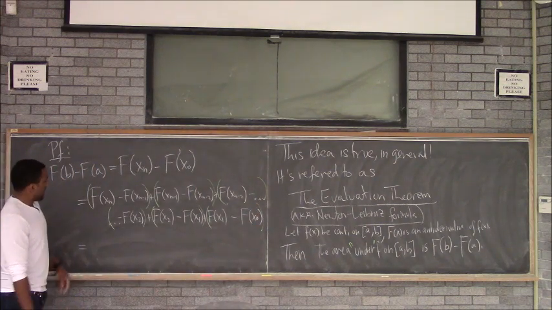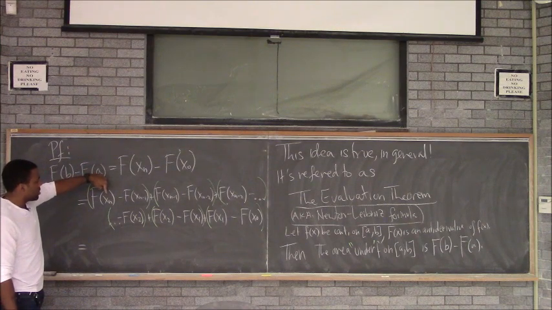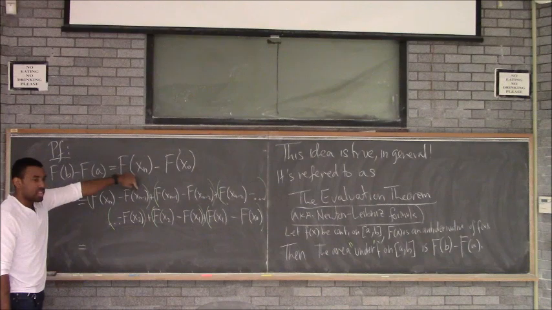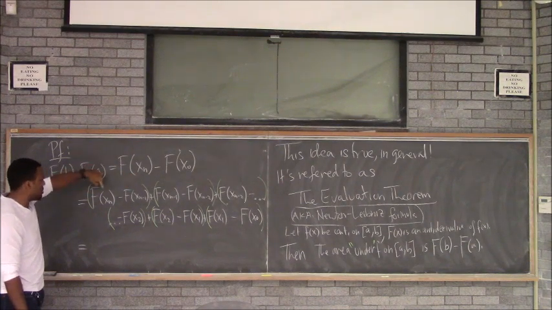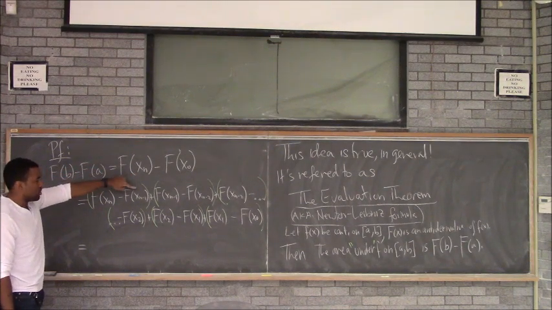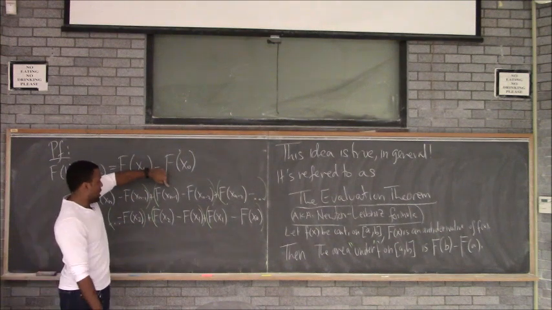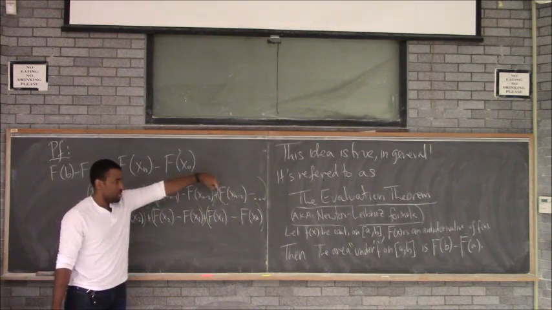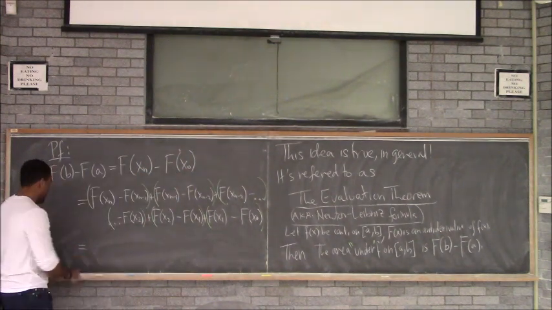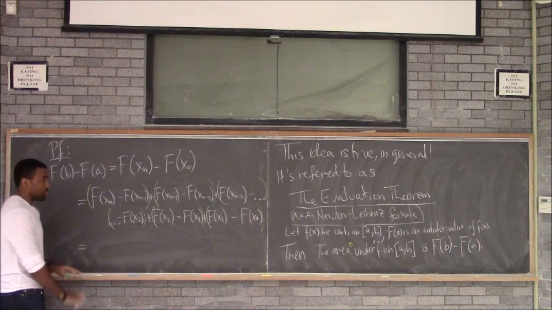So notice I have f evaluated at one point on a subinterval minus big F evaluated at the other point of that subinterval. This is f evaluated on the right point, f evaluated at the left. Similarly, f evaluated on the right, f evaluated on the left, and so on. And you might say, where have I seen something like this before?